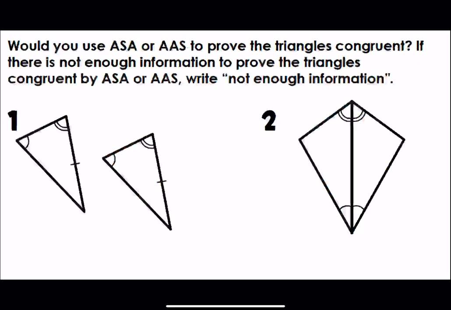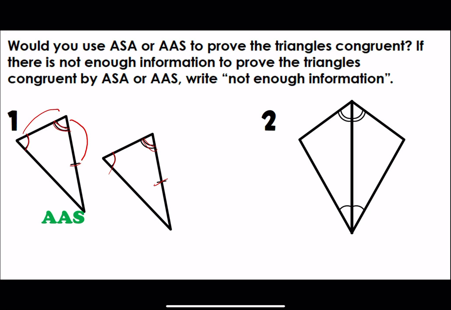Now what we're going to do is figure out if we would use angle side angle or angle angle side to prove these triangles congruent. Again, if there's not enough information to prove them by these postulates or theorems, just write not enough information. It's okay. All right, so I'm going to go 1. I've got my 2 here and my 1 here, which means we've got an angle angle side.